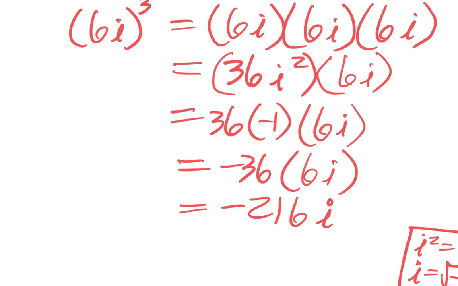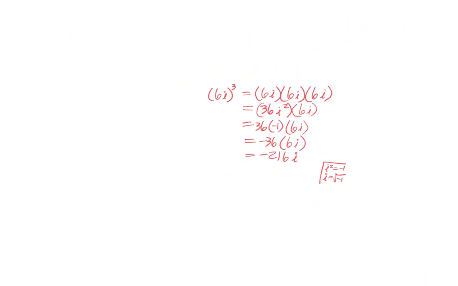All right, so let's go back to our page. Delete all of this. We will definitely need some space. I'm going to leave that i squared equals -1 and i equals square root of -1 because I just need that.